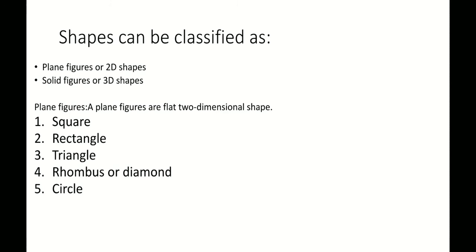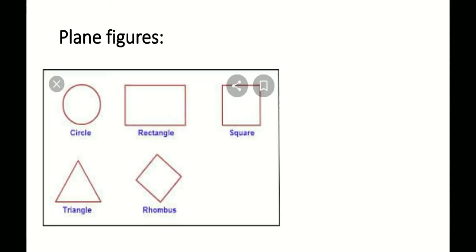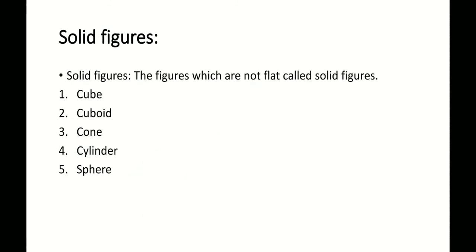These are all plane figures. Here are the images. First is circle, second rectangle, third is square, then triangle, then rhombus. I hope you all know the properties of these figures and learnt them in your previous class.